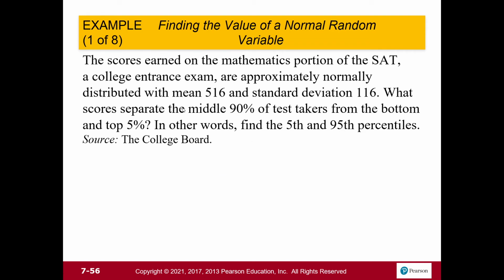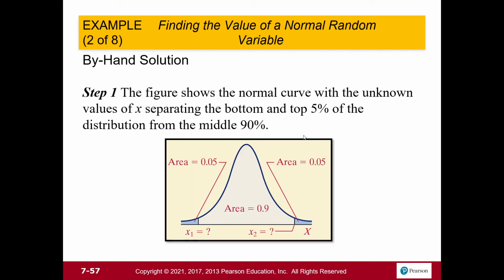All right, what score separates the middle 90% of test takers from the bottom and top 5%? And remember, the middle 90% implies that there's 5% on each tail. So in other words, find the 5th and 95th percentiles. So pictorially, this is what it would look like.